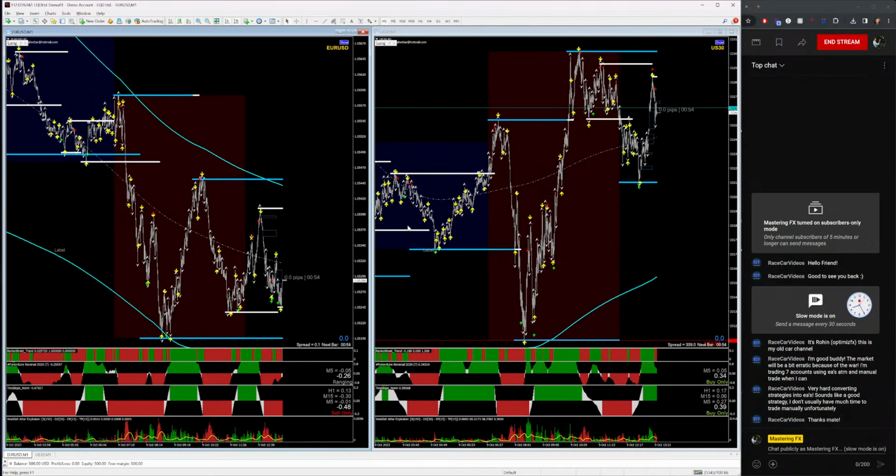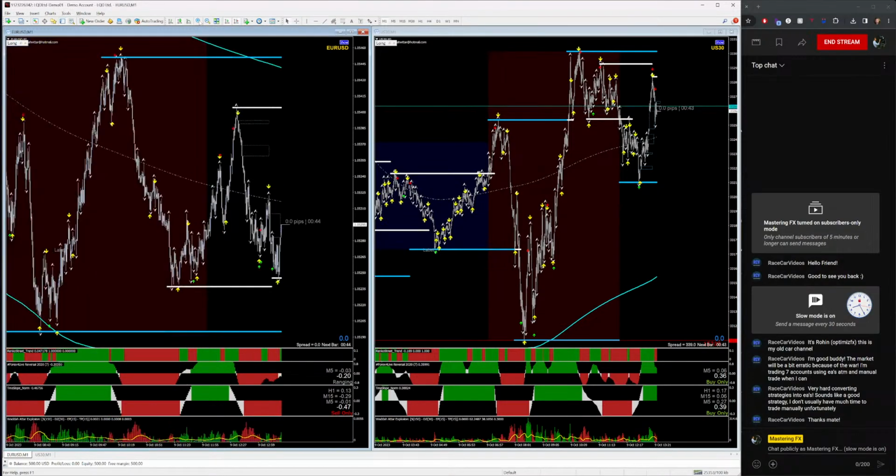Okay, so what are we looking at here? So this is getting close to a liquidity raid here.